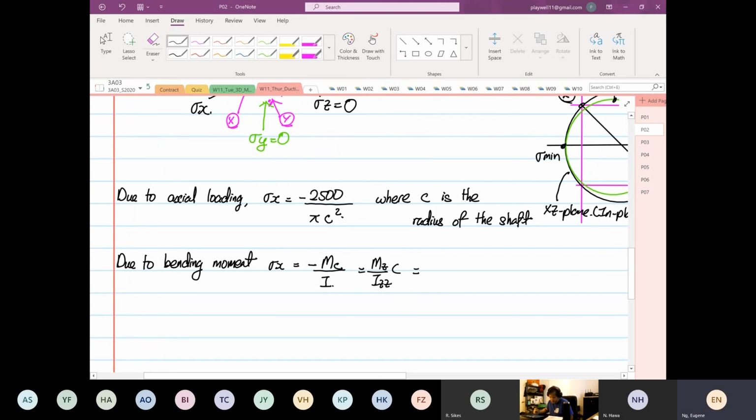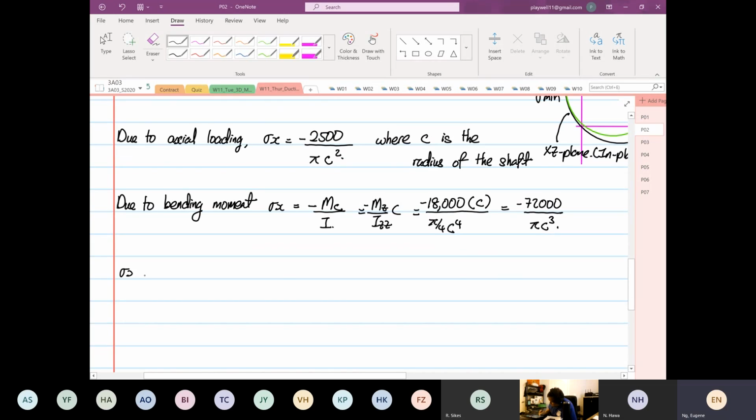We calculate our Mz, which is equal to 18,000, multiplied by c, divided by pi over 4 c to the power 4. So this will be equal to minus 72,000 divided by pi c cubed.